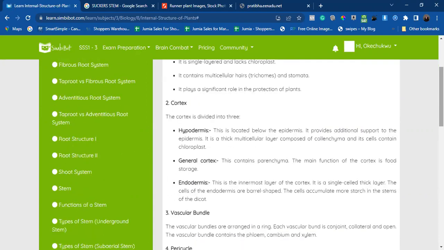We have the cortex. The cortex is divided into 3: the hypodermis, the general cortex, and the endodermis.